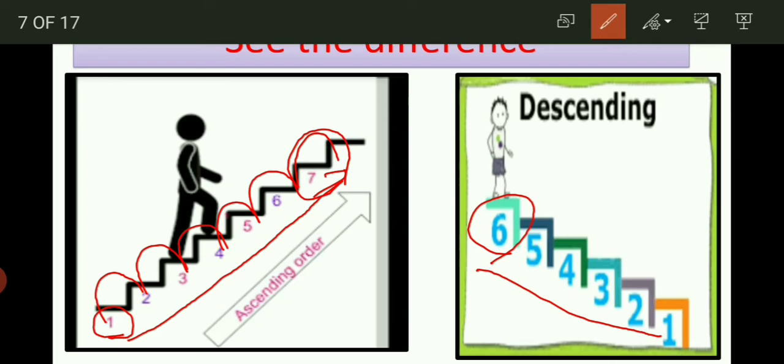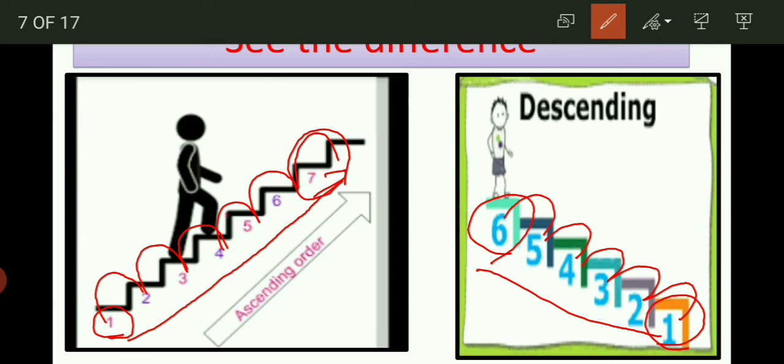Then we have to go in a decreasing order, or count backward. After 6, a little bit smaller is 5, then a little bit smaller is 4, then 3, then 2, and the last one is the smallest among all these numbers, that is number 1.